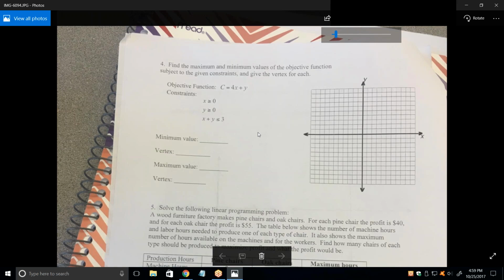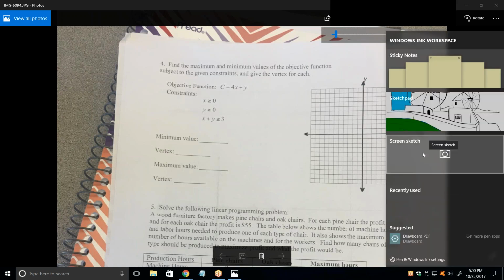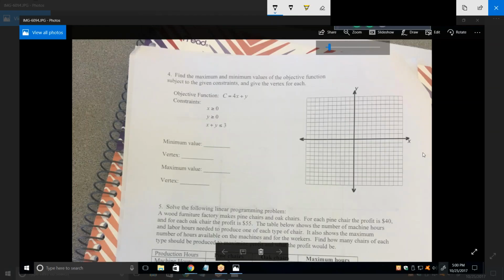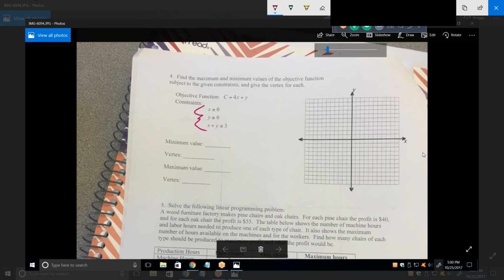You want to plot these 3 constraints. x greater than 0 is a vertical line, and we shade to the right. y greater than or equal to 0 is a horizontal line, and I'm going to shade above it because y is greater than 0.